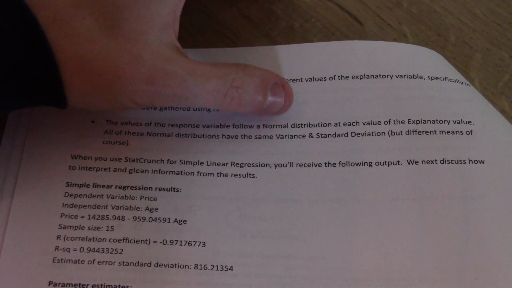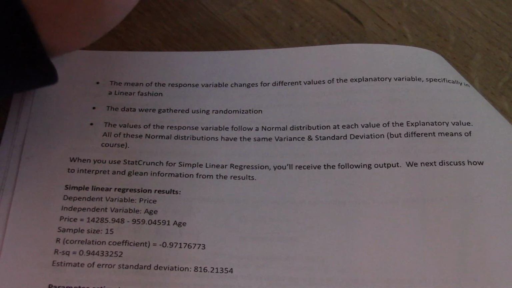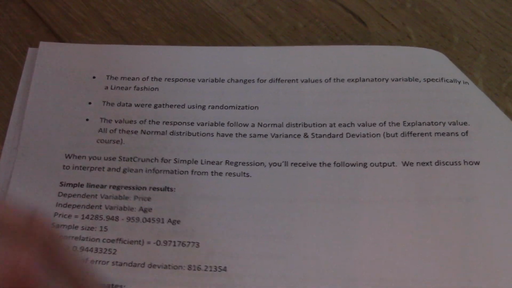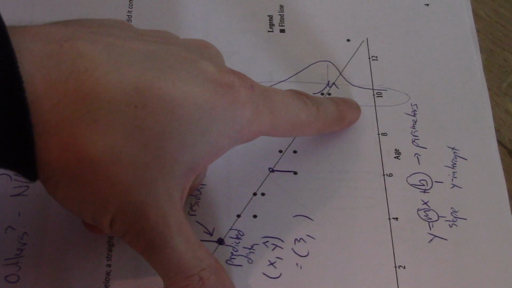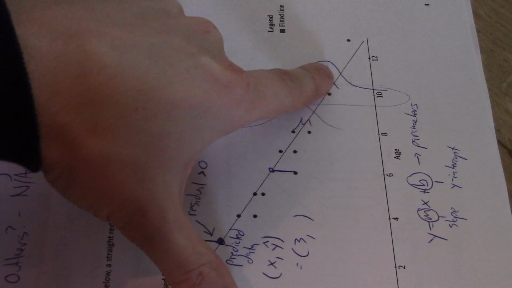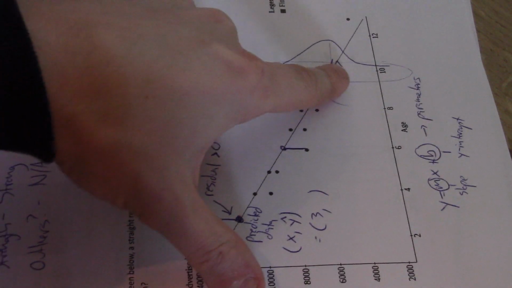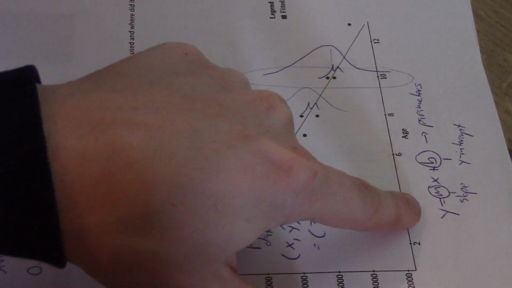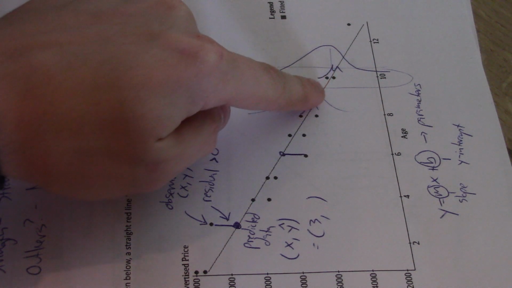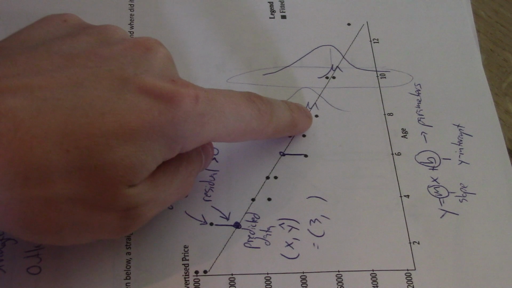And all of those normal distributions have the same variance or standard deviation, but what's changing is the mean. So that was this illustration that we did on page 4. For every x, for every explanatory variable, all of the responses that are there and would be there are coming from a normal distribution. And that's true at every single x, but they're all the same normal distribution in terms of shape. All that's changing is the mean at that point.